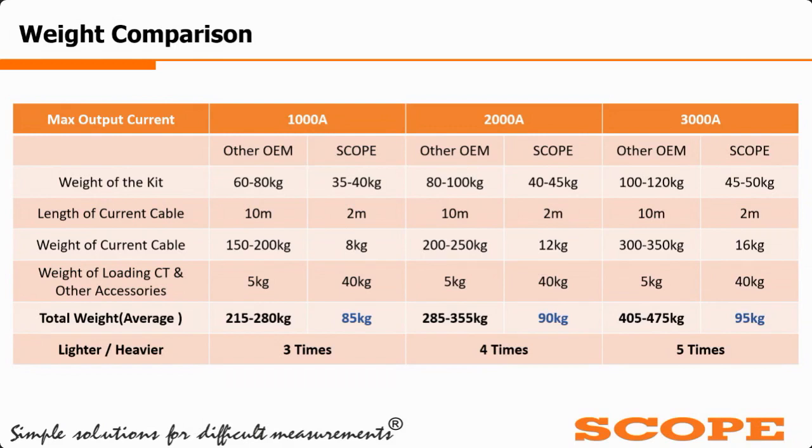So here we can conclude that the Spoke manufactured primary injection kit is much lighter than other manufacturers' kits. For 1000 ampere, we have directly reduced the weight 3 times with respect to other manufacturers. Similarly, for 2000 ampere, we have reduced the weight 4 times, and for 3000 ampere, we have directly reduced the weight 5 times with respect to other manufacturers.